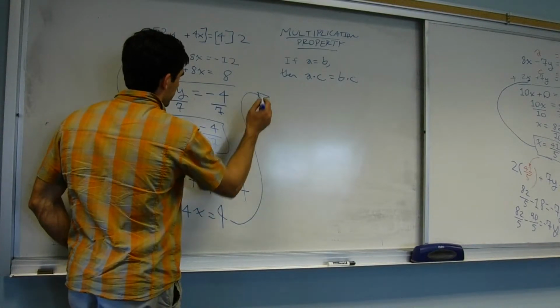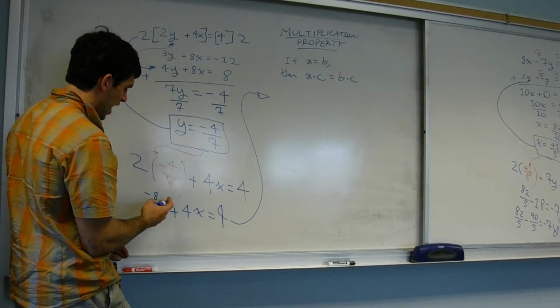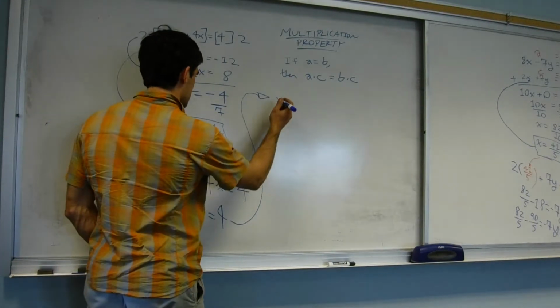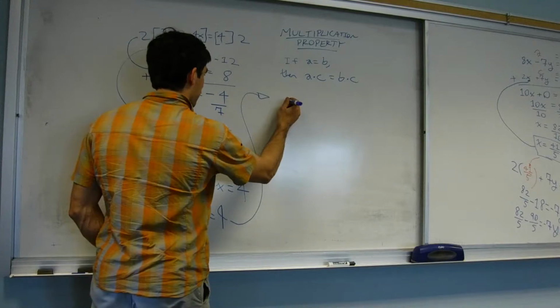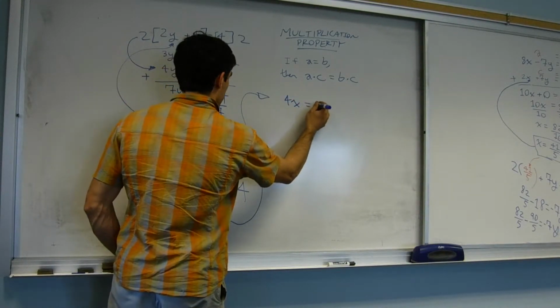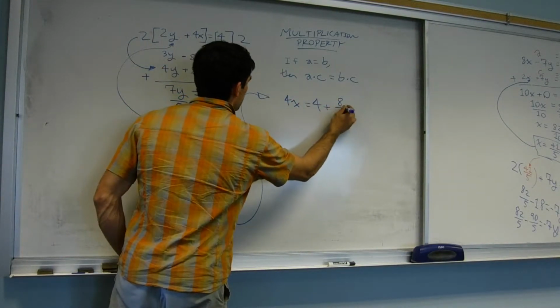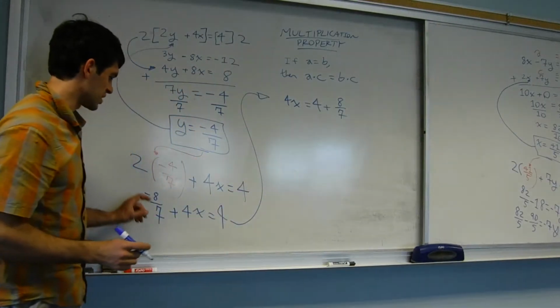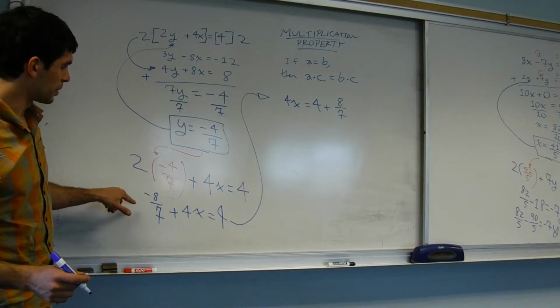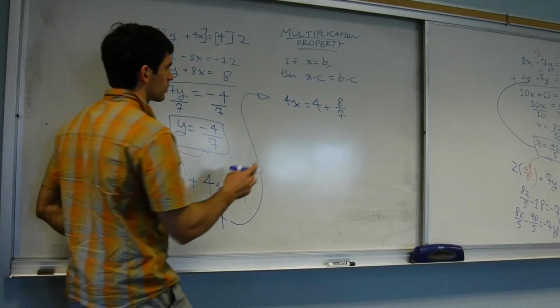If we add 8/7 to each side, we will get 4x is equal to 4 plus 8/7. I'll step aside just so that you can see that step quickly.